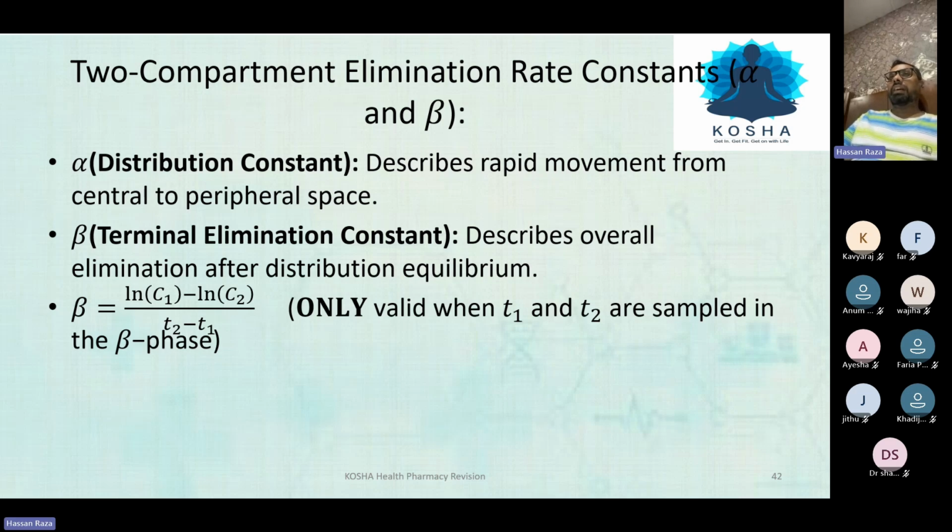Therefore, we will ask our nurse not to take the sample for 2 hours, because we are interested in the elimination phase.